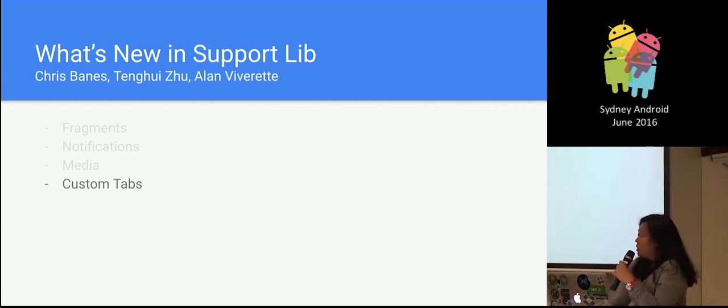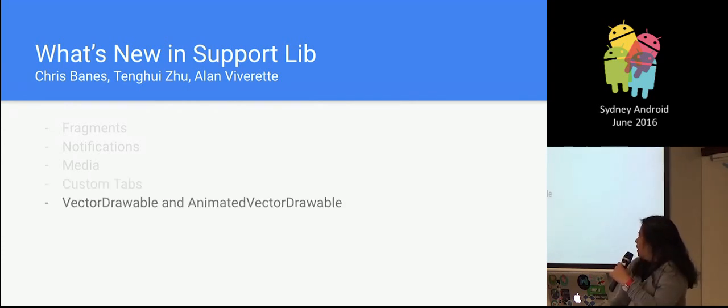It also allows you to customize UI like the toolbar and animations. They talked about a lot. Vector drawable and animated vector drawable. If you tried using this before, you know that they released it and then they took it back and now they're bringing it back. They said that hopefully all the memory issues they had are solved by this version 24.0.